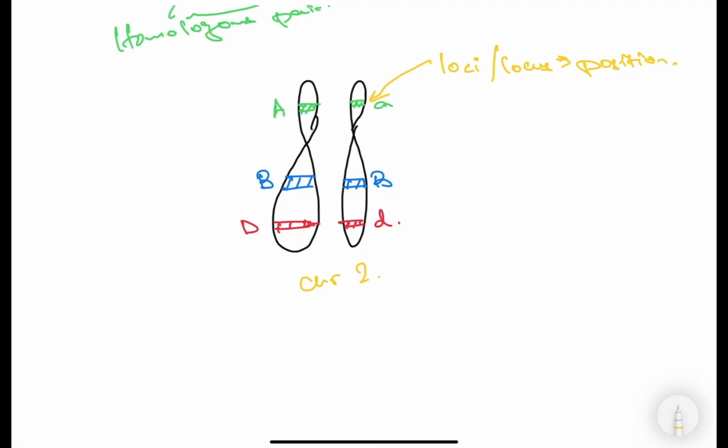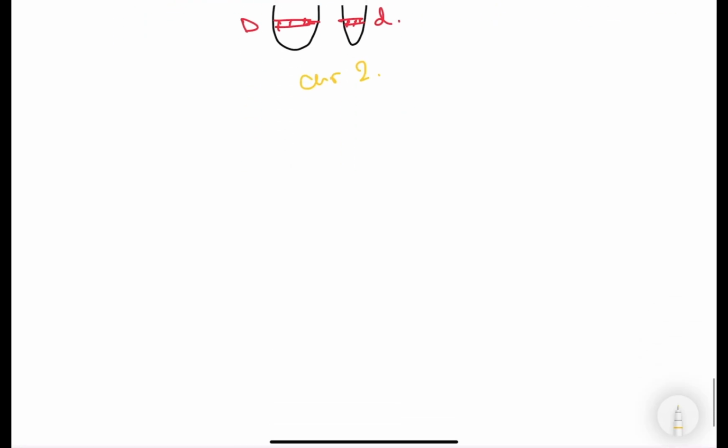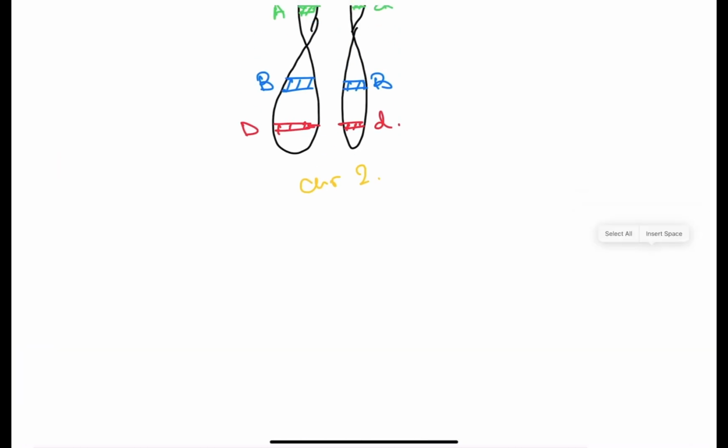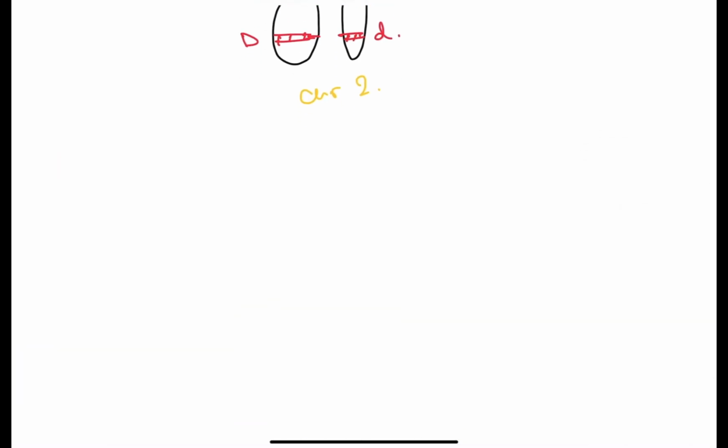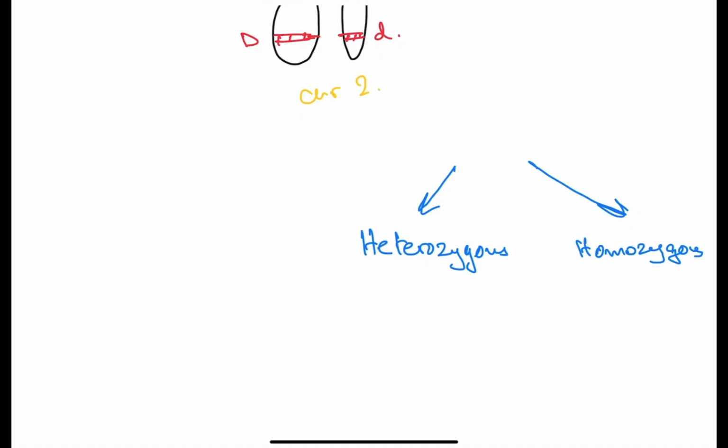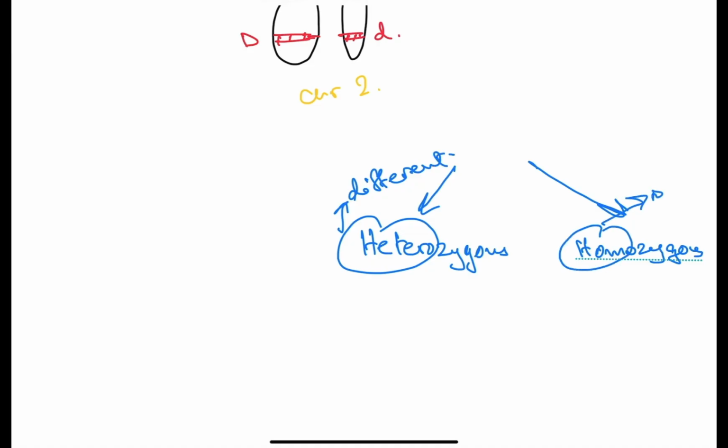So based on the presence of genes on the chromosomes, a zygote can be in two different conditions: it can be heterozygous or homozygous. Hetero means different, homo means same.